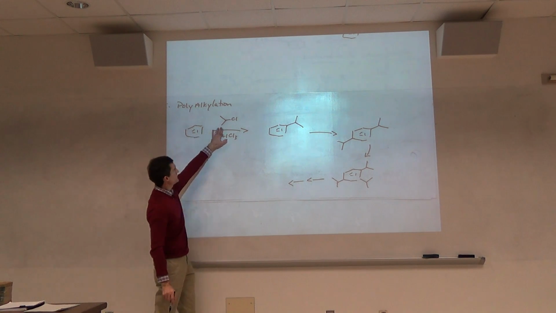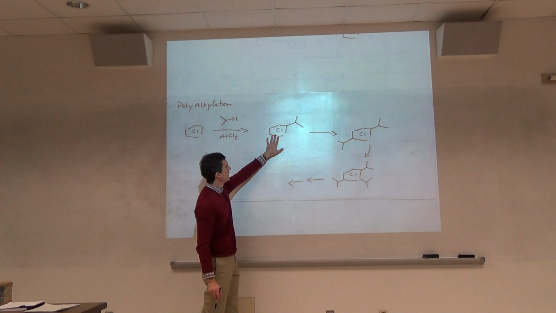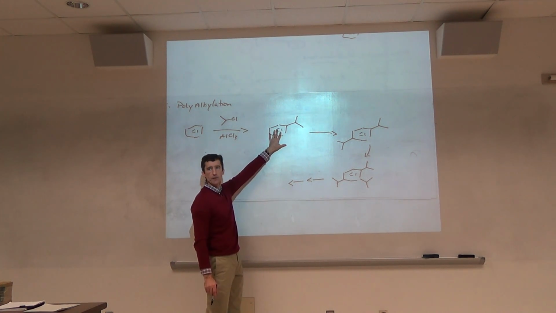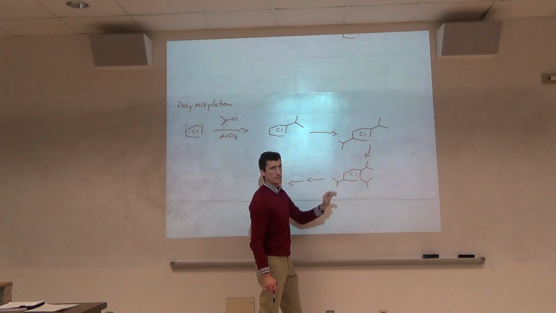Take benzene, react with isopropyl chloride, Lewis acid, you can make isopropyl benzene. But the reaction has a tendency to not stop there, even if you want it to. It'll put a second group on.